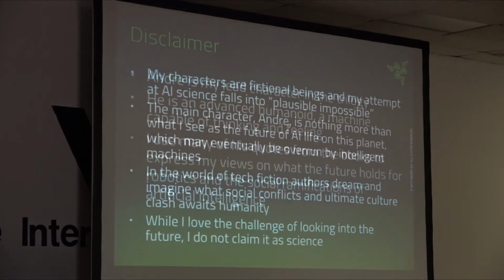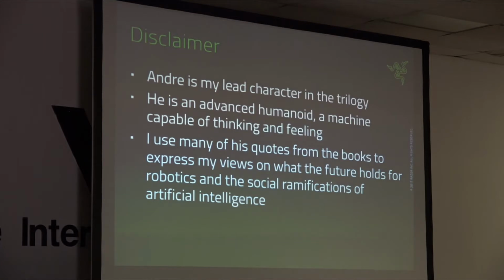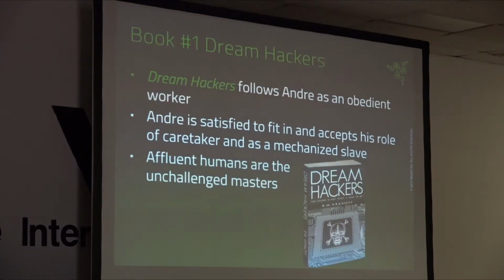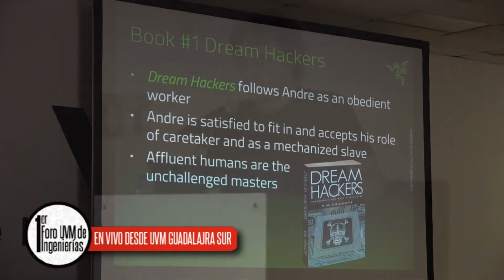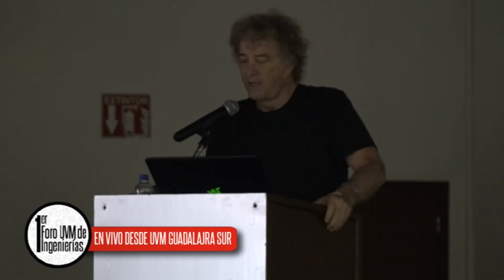Okay, so Andre has a kind of development over the 3 books. He starts out as an obedient worker. He's a domestic worker. He seems to be very satisfied just to fit in and accepts his role of caretaker of old people.